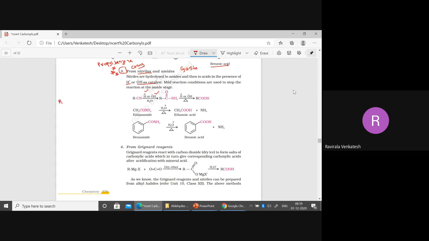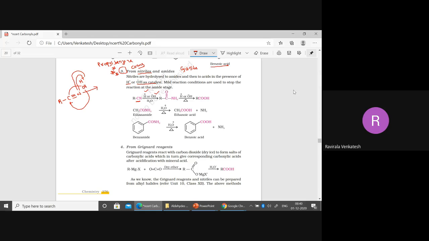I'm writing here R C triple bond N. This is the cyanide group. First I will show the mechanism, and after that we'll see the shortcut. In hydrolysis, we have to add H plus and OH minus. Add one OH minus here and one H plus here, and do it one more time.